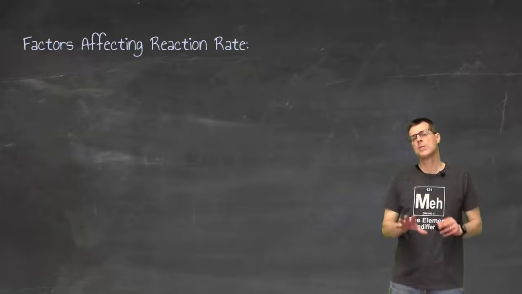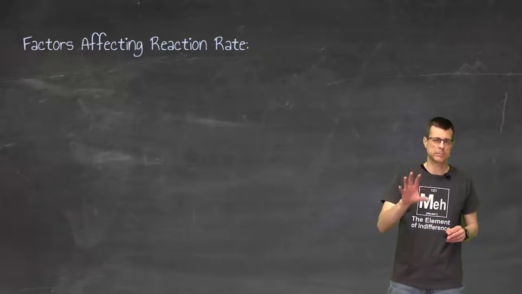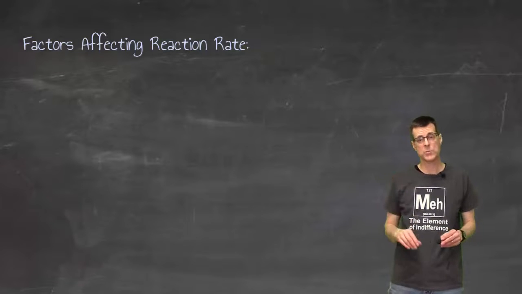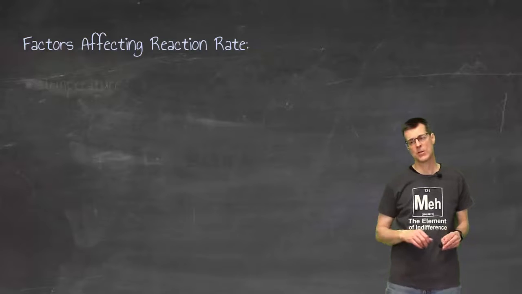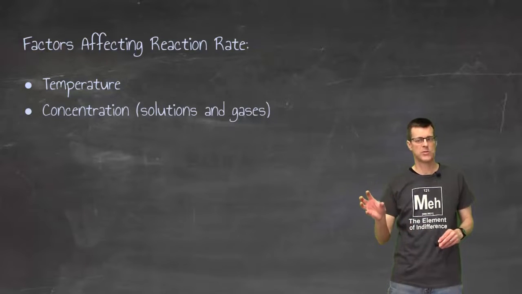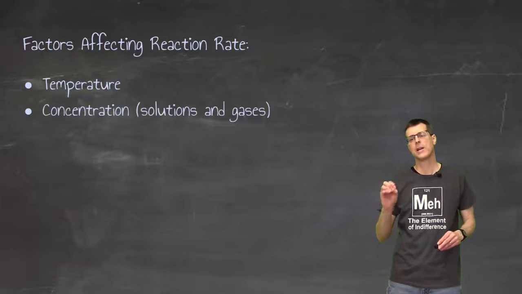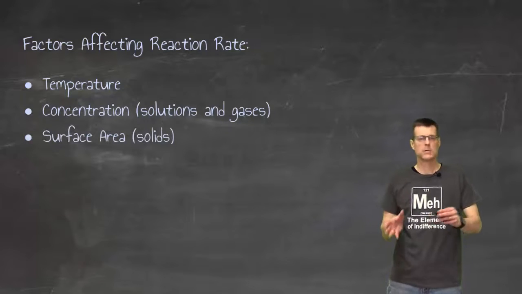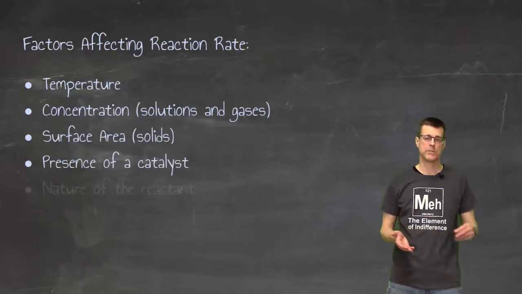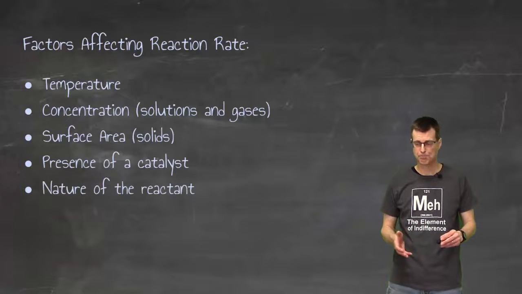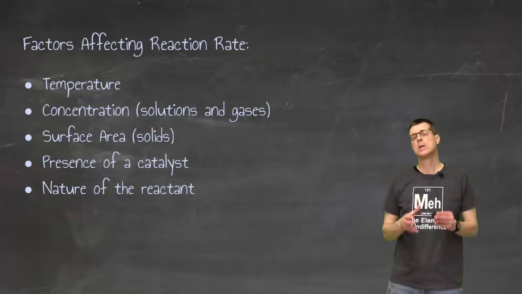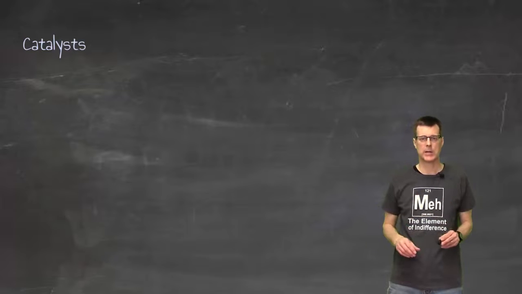There are 5 things we can use to change the speed of reactions, or affect the reaction rate: temperature; concentration, which is true for solutions and gases; surface area, which applies to solids; the presence of a catalyst; and finally the nature of the chemical reactant. Some of those we have some control over, some we can't, but we'll talk about that in class.